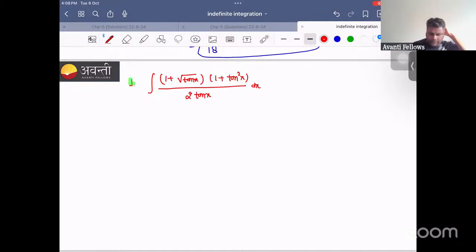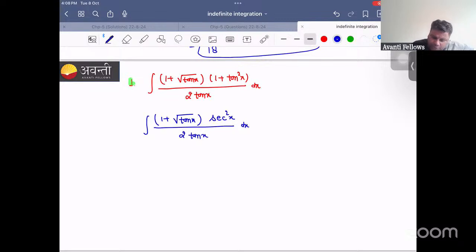All right. See, this question I'll do for you. The very obvious substitution here: the question can be written as 1 plus under root of tan x into secant square x upon 2 tan x dx.